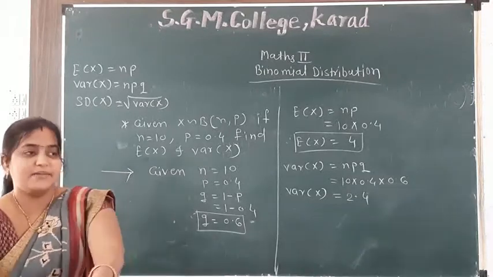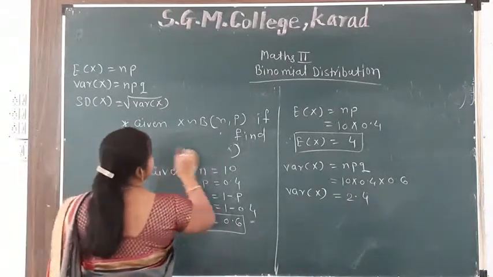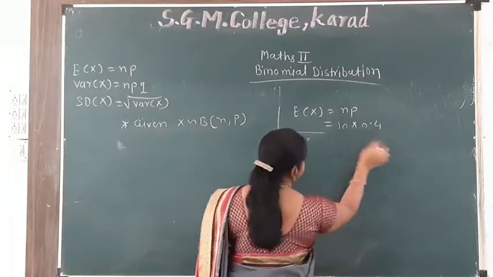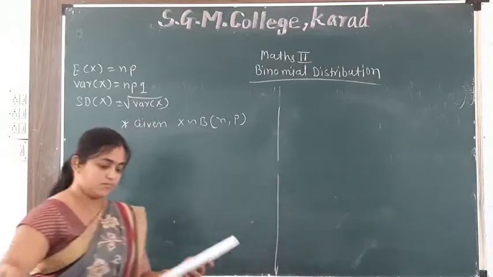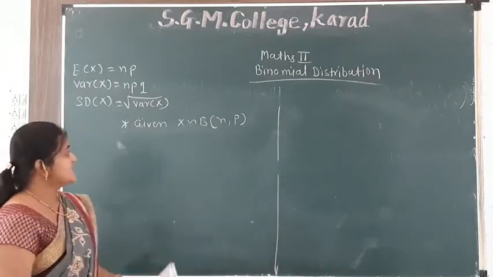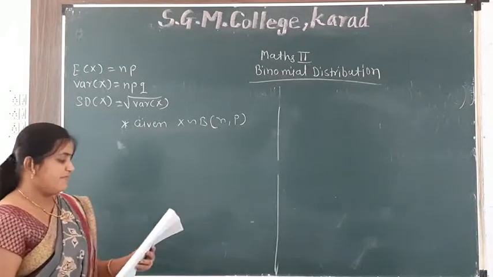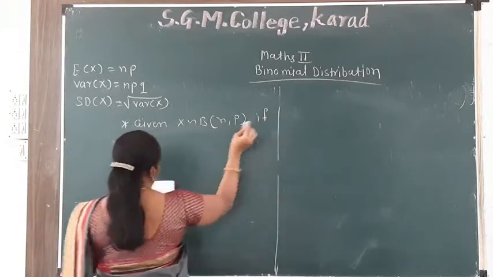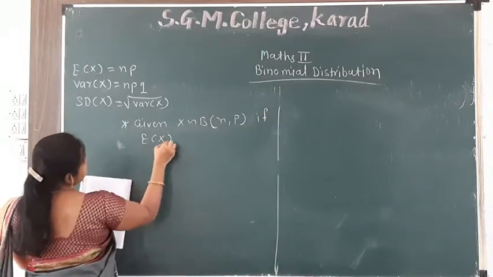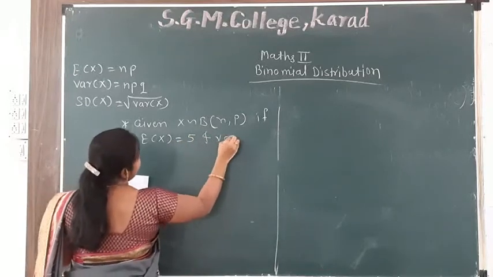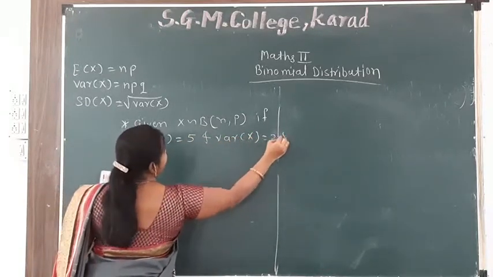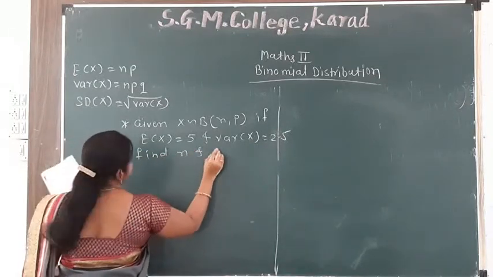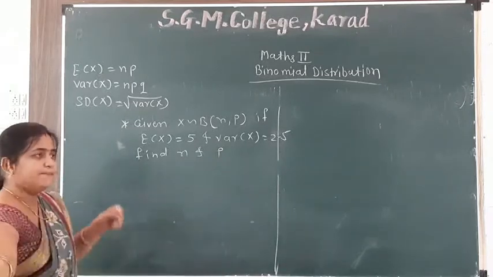Now next, same question, only change: E of x is equal to 5 and variance of x is equal to 2.5, then find n and p.